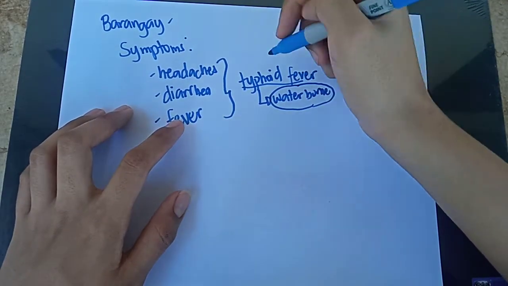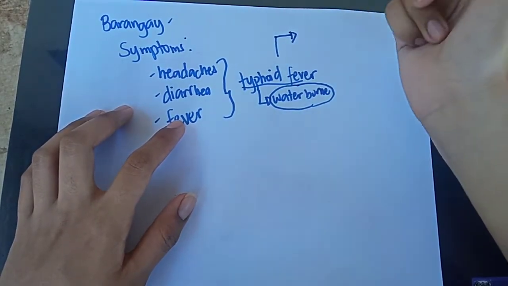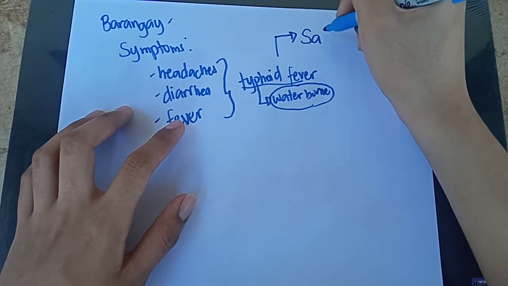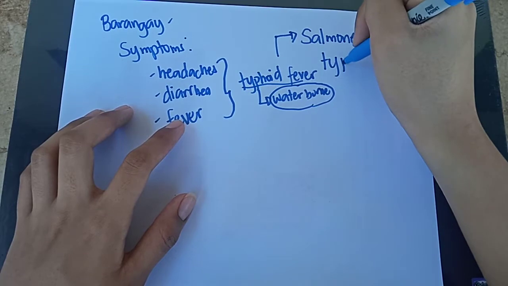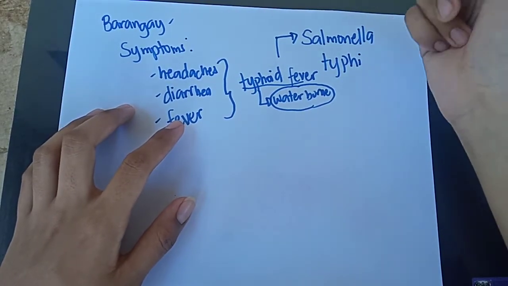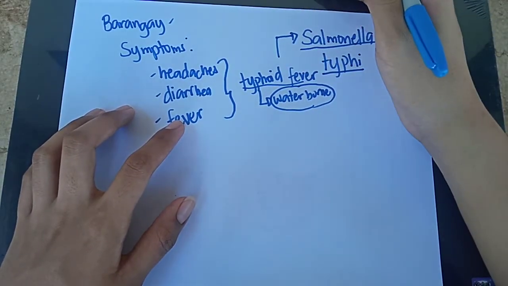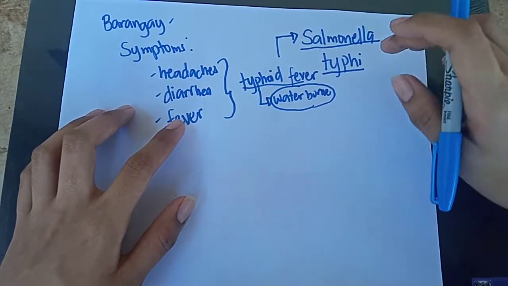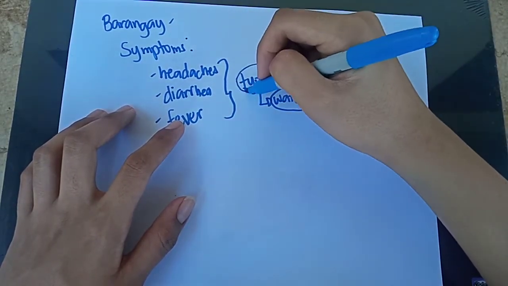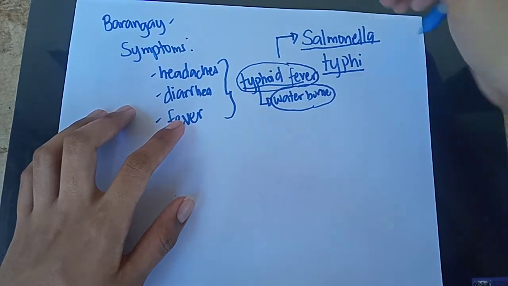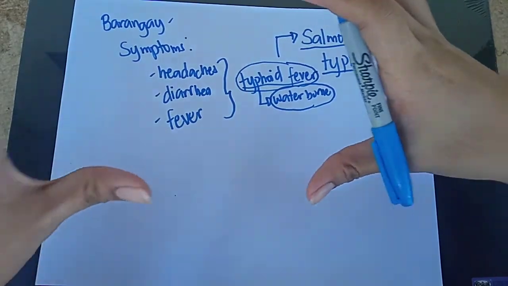And typhoid fever is actually caused by a bacteria, and that bacteria is Salmonella typhi. In writing scientific names in handwritten format, you underline it. But if it is computerized, you italicize it. So, typhoid fever is caused by a bacteria known as Salmonella typhi.